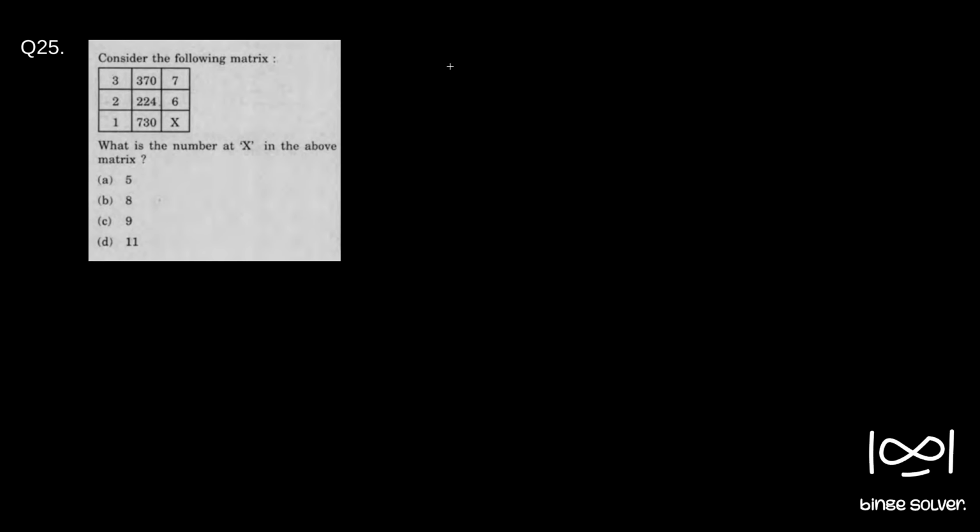If you see, 7 cube is 343, and 3 cube is 27. If you add these two, you get 370.